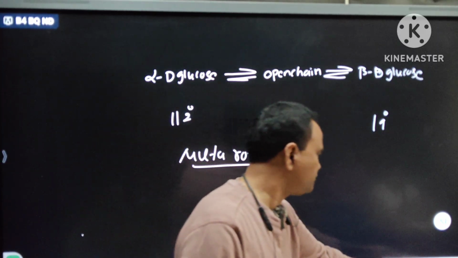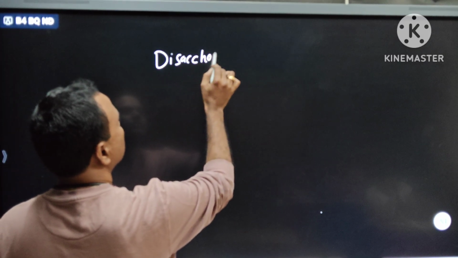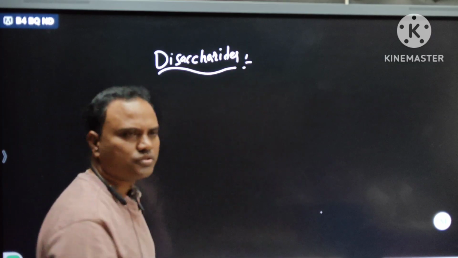Okay. Next, the last topic, and a question is coming in tomorrow's exam: structures of disaccharides. Links are very, very important. This question will come in tomorrow's exam, no doubt.